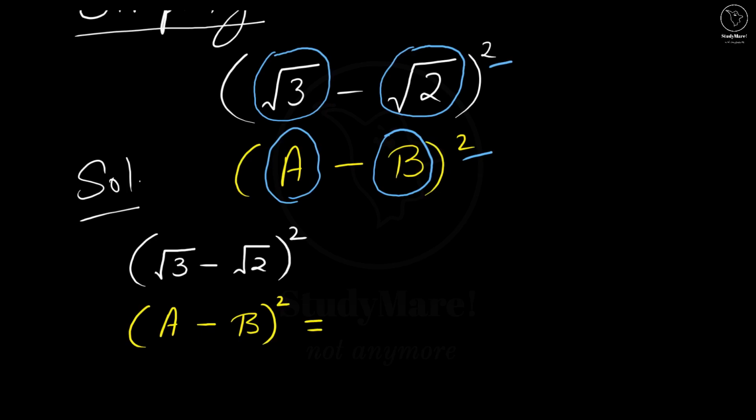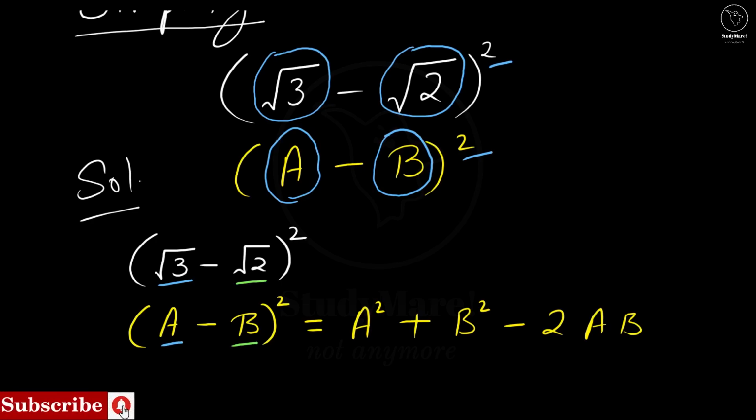So let's write the expanded form now. a minus b whole square is a square plus b square minus 2ab. We have already seen that root 3 is equivalent to a here, root 2 is equivalent to b here.